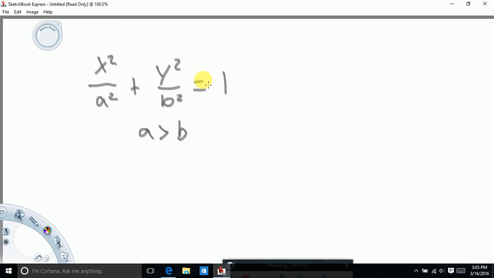So in this case, since our ellipse, which again we'll draw here, just a rough sketch, since our ellipse had a major axis along the y-axis, we're going to have to rewrite the equation like this.